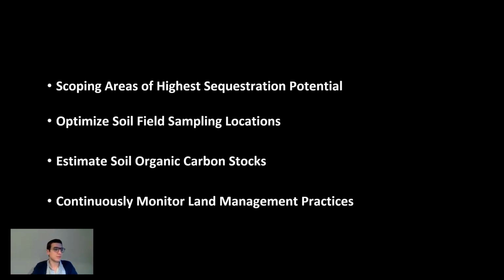The second tool is an optimizer for soil field sampling locations.